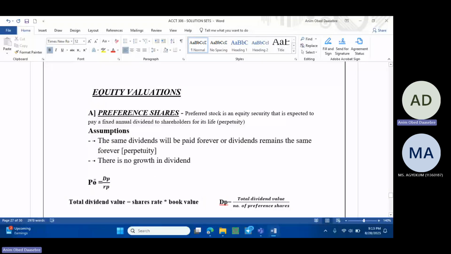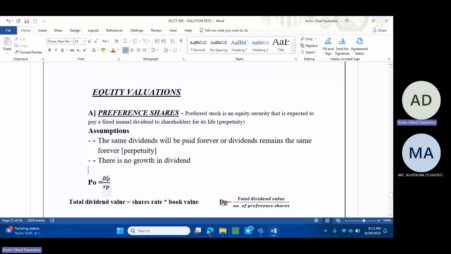Applying the perpetuity formula, the present value of a perpetuity is the cash flow over the rate. The cash flow here is the preferred dividend.